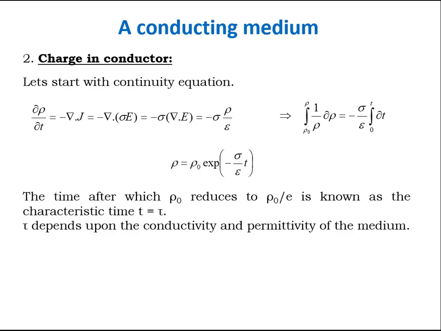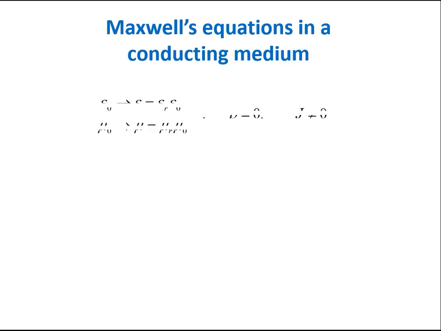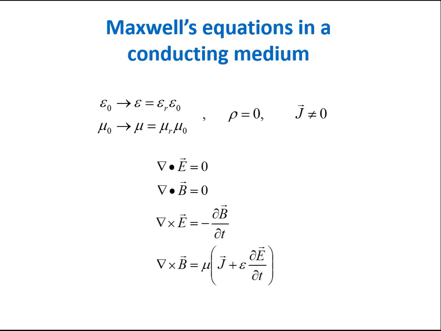This tau depends upon the conductivity and permittivity of the medium, epsilon divided by the conductivity of the medium. It says that for a good conductor, the characteristic time is very small, or a conductor is practically neutral.